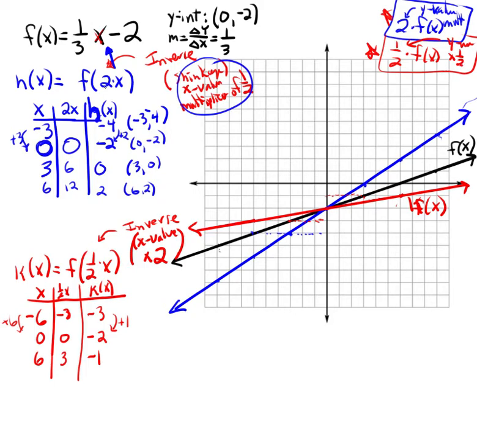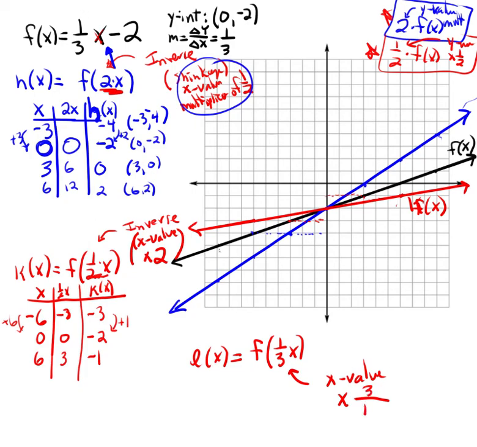When it's inside, like the 2x or the 1/2 x, or if, let's say, we make another one, L of x equals f of 1/3 x, that means my x values will be multiplied by 3/1.